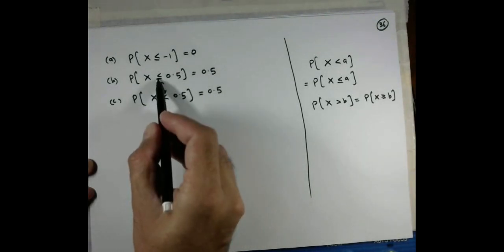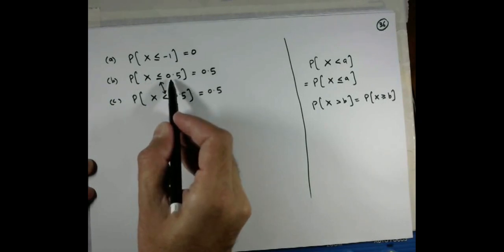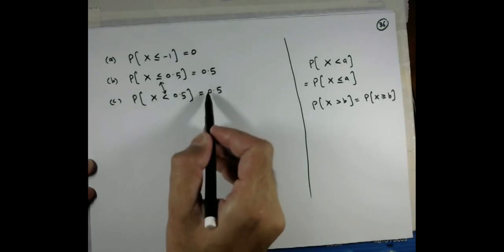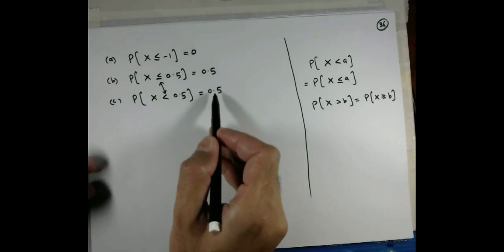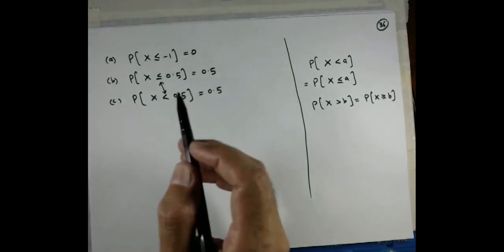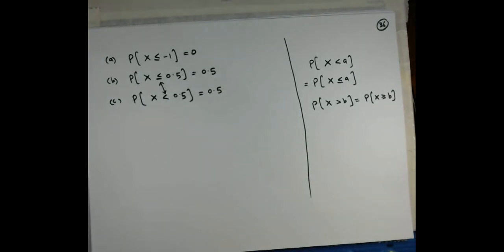And since the probability of 0.5 is equal to 0, you add up 0.5 plus 0, so it stays at 0.5. That is why both of these probabilities are the same.